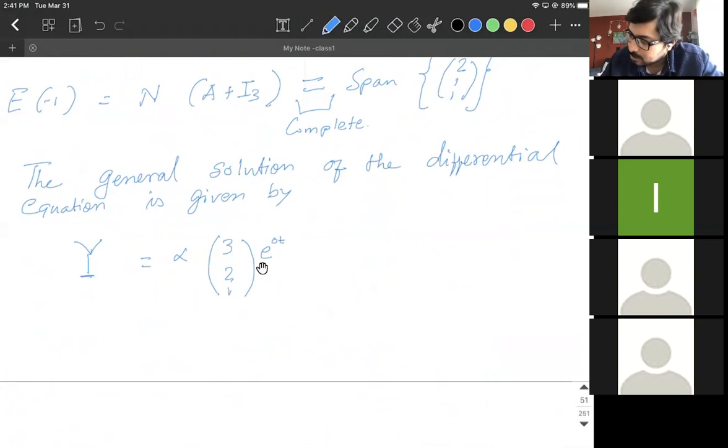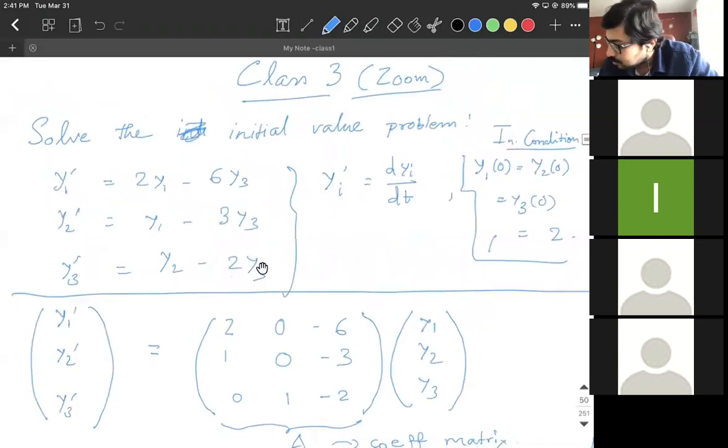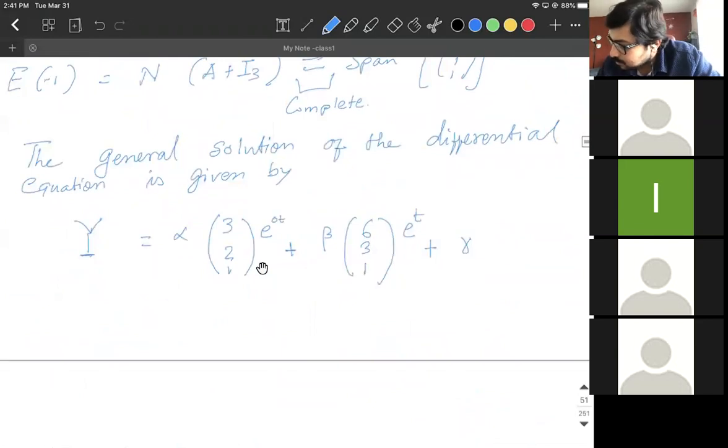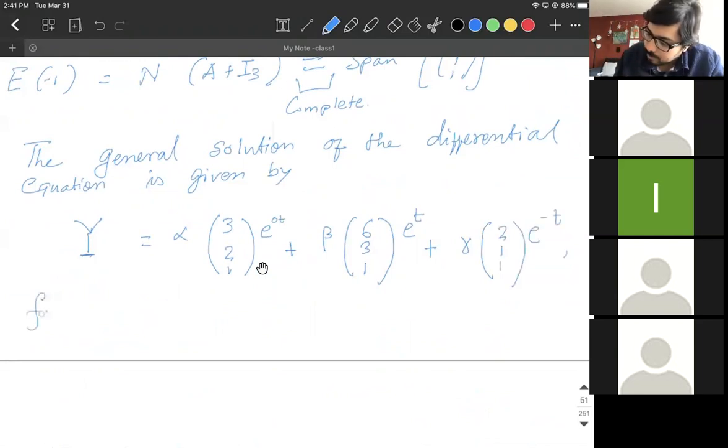Okay, so e to the 0t plus beta times, so alpha, beta, and there will be one more, 6, 3, 1 e to the t corresponding to the eigenvalue 1, plus gamma times 2, 1, 1 e to the minus t, for scalars alpha, beta, and gamma. So this is the general solution.